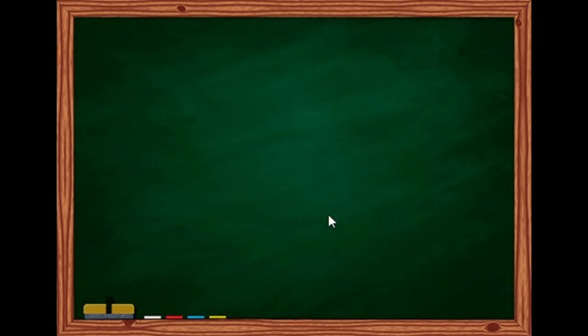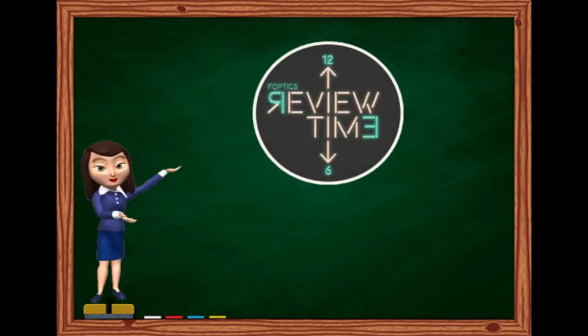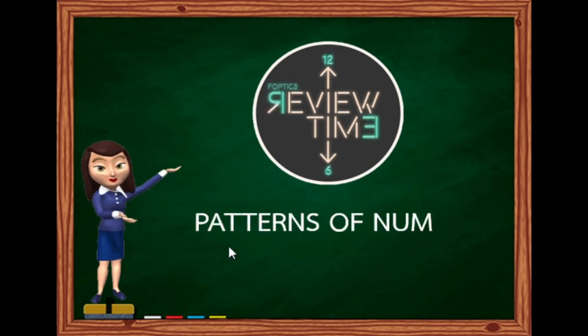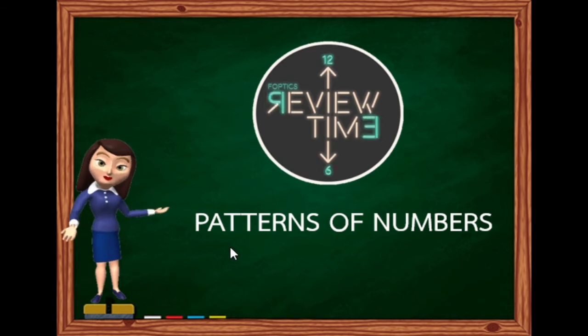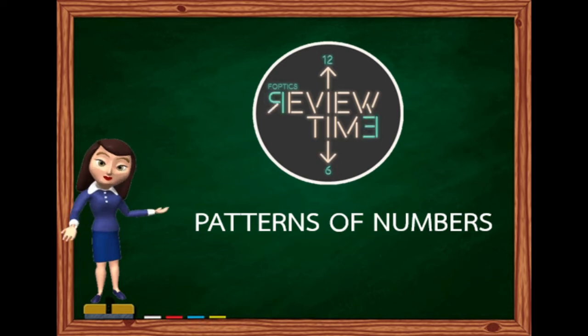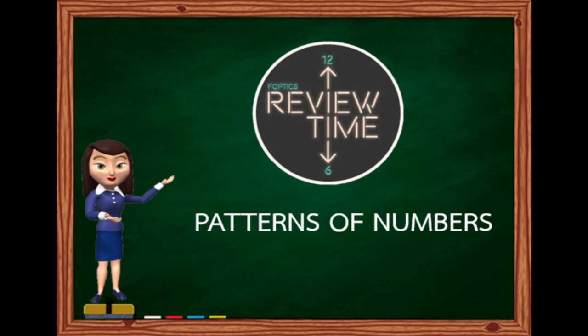Alright, as I have said, in the last video we talked about patterns of numbers. I presented to you, if you can remember, a 100 number chart that would be a perfect example of how you get numbers to be filled up.